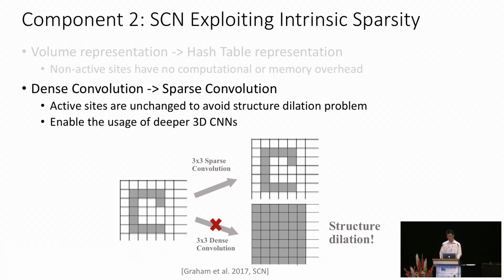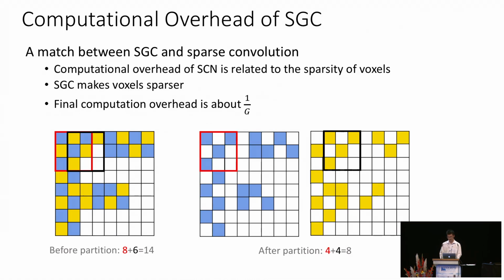Besides, because dense convolution will cause the structure dilation problem and soon destroy the sparsity of features, SCN forces to keep sparsity at the same level throughout the network, which means that active sites are unchanged during sparse convolution. These designs can largely decrease computation and memory requirements, enabling the usage of deeper 3D CNNs.